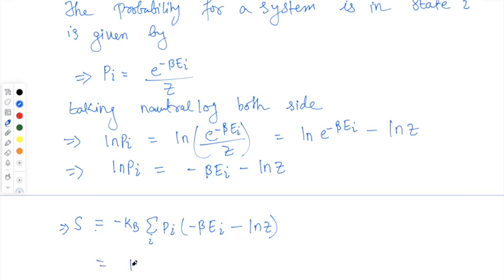Now which gives us kB beta times the summation of Pi Ei plus kB ln Z times the summation of Pi.